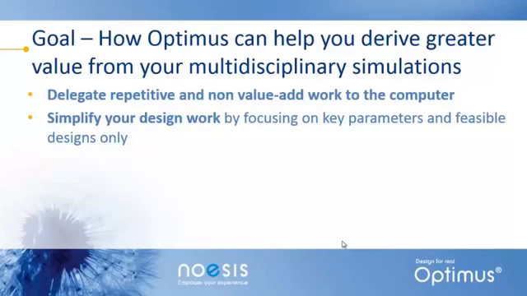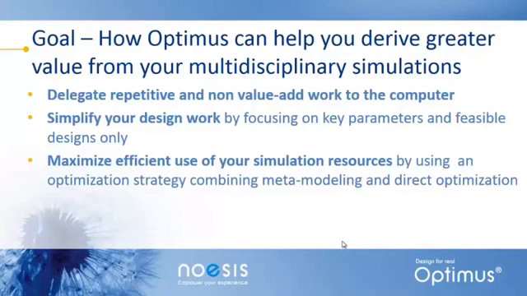It also allows you to focus on just the feasible designs, which becomes particularly important, for example, if you're doing a multidisciplinary type engineering effort, one that might involve, as an example, structural analysis and CFD. This ensures that you're focused on feasible designs for all the different types of simulation or engineering requirements.